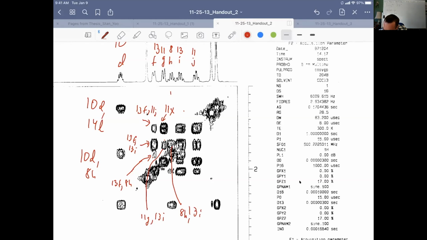And I think we just have one left over here. It's J cross I, so it's 11J with 13I. 13I with 11J. So that takes us pretty much through our COSY.